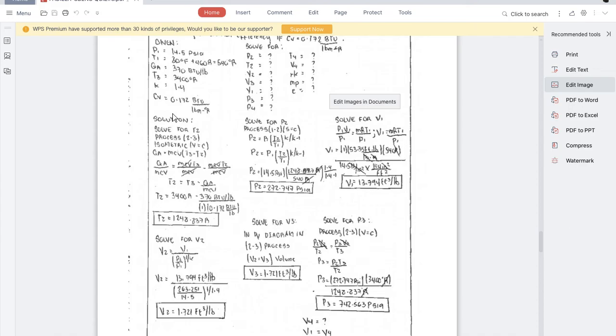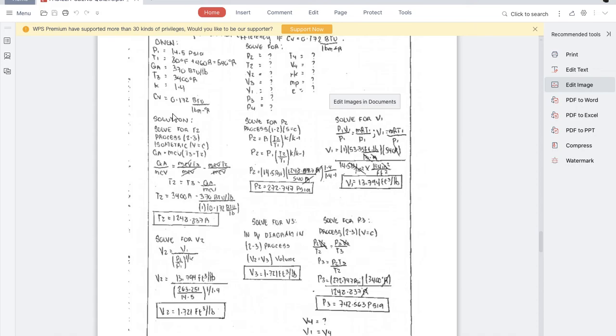So for the P2, process 1 to 2 is isentropic, so the formula for P2 is P2 over P1 equal to T2 over T1 raised to k over k minus 1.